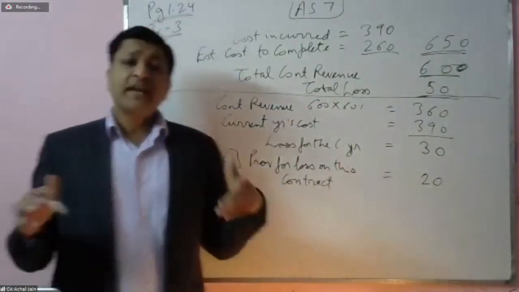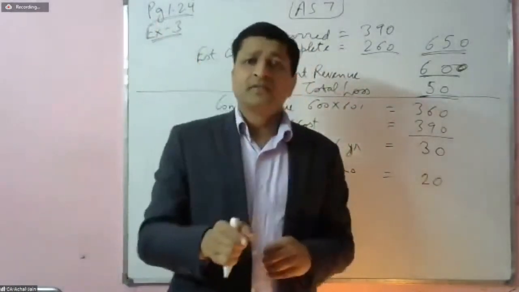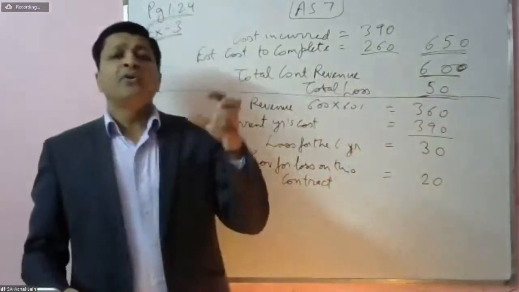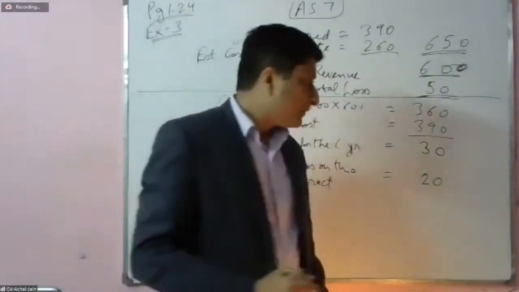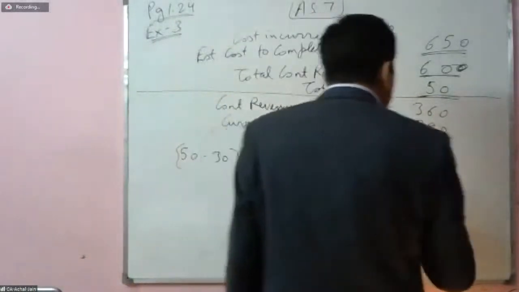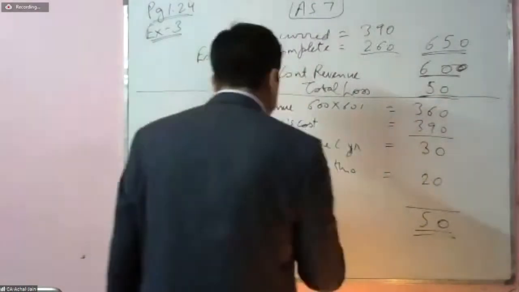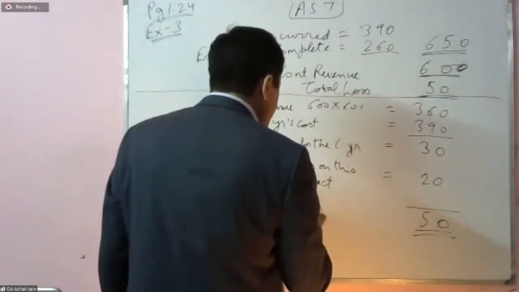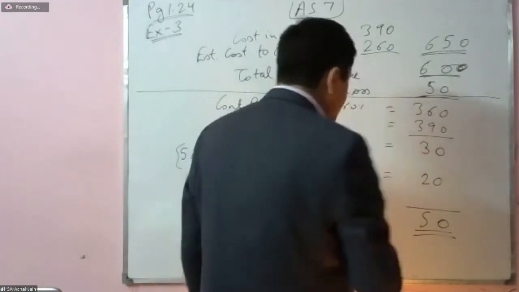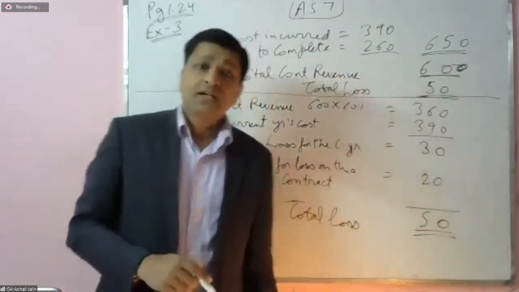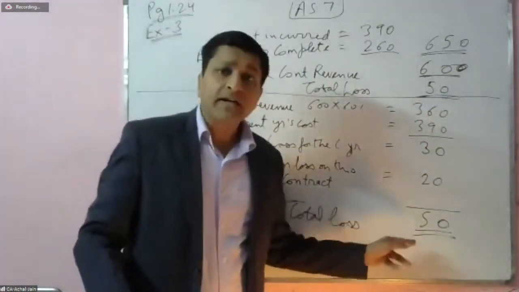This loss would have arisen in the next year, in the future years, but because we follow conservatism, because we follow conservative principle, that's why we will recognize additional loss in the current year itself in such a manner that the total loss on this contract gets booked in the current year itself.